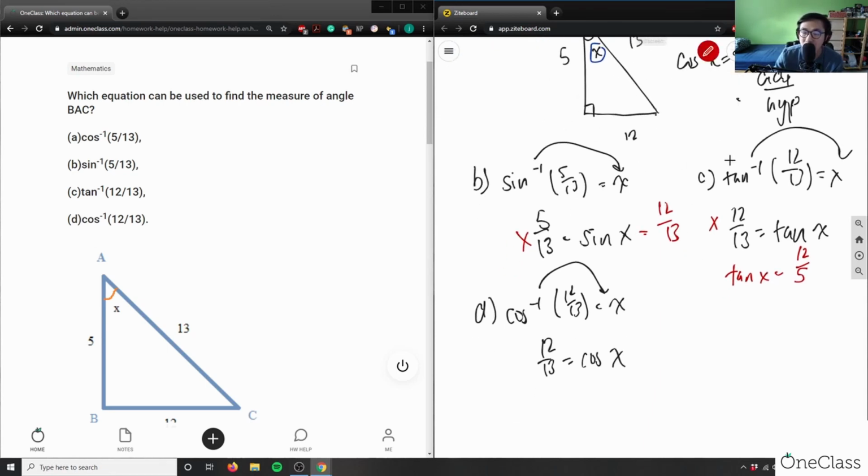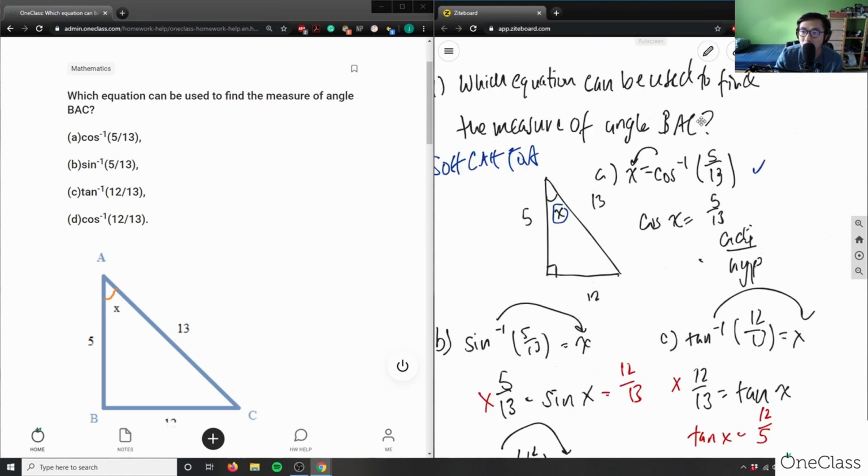That would have been opposite, which is sine of x. So D is wrong because cos x equals 5 over 13. In this case, A is our correct answer. Let me box that: cos inverse of 5 over 13 equals x, so A is correct.